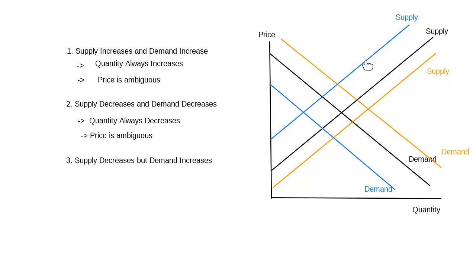Again, it depends on the magnitude of the shift of both curves. So in this scenario, price always increases. Quantity is ambiguous.